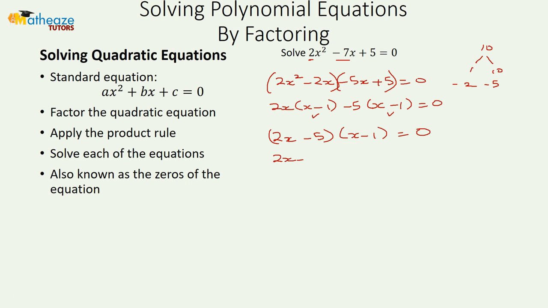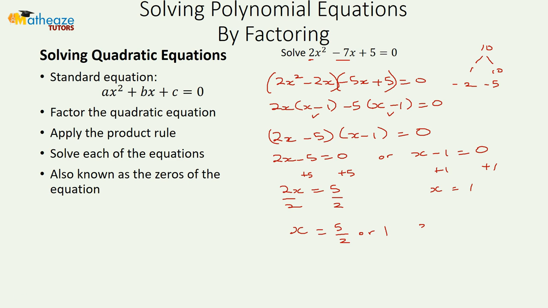So 2x minus 5 equal to 0, or x minus 1 equal to 0. Add 5 here, add 1 here. So 2x equal to 5, divide by 2, x equal to 5 over 2, or 1. Or you could say x equal to 1, 5 over 2.